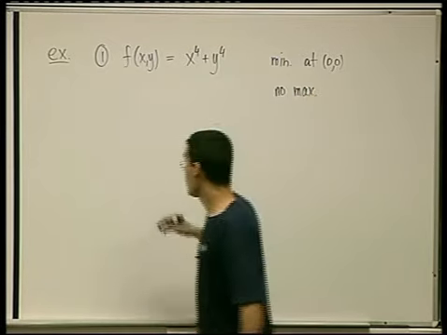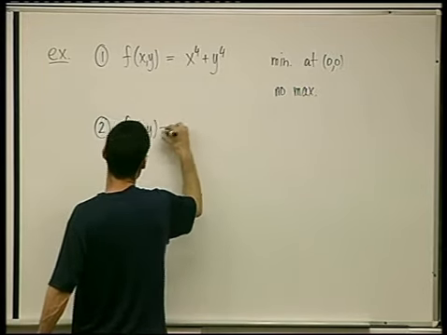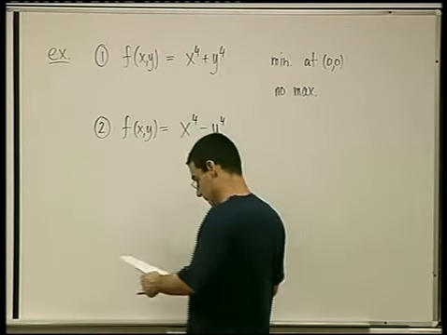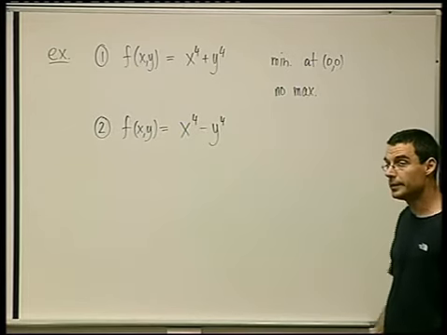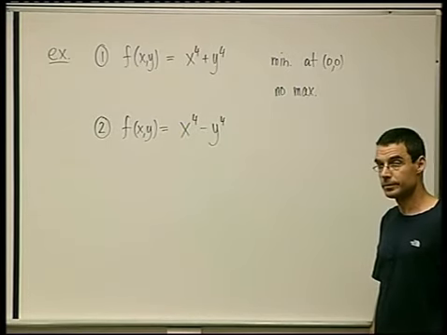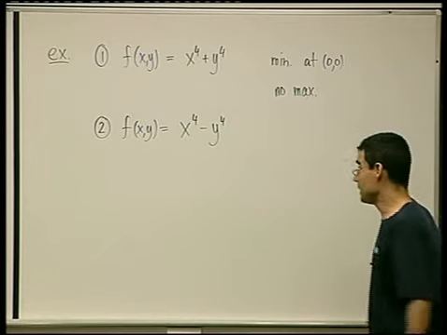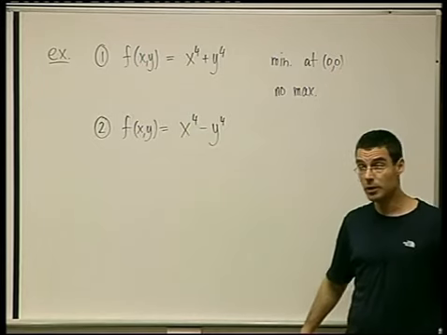Good? What about this function? Example 2, f(x,y) equals x to the power 4 minus y to the power 4. You can no longer say that it's always positive or always negative, right? It can actually be either.